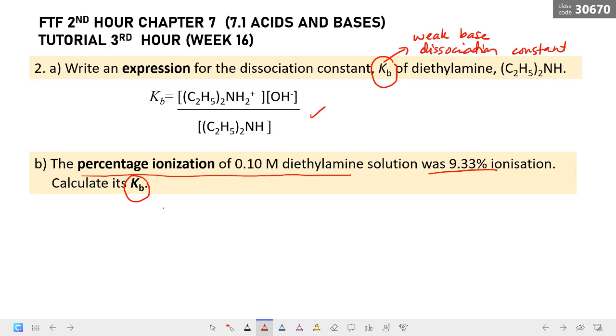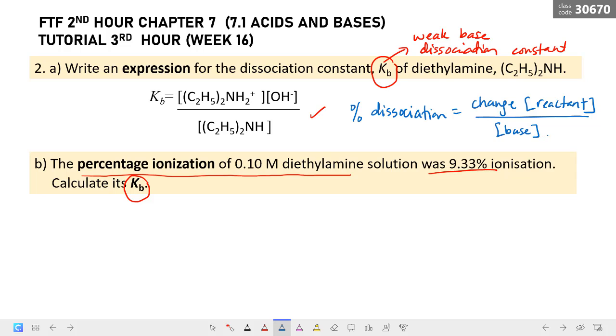Untuk kita kira percentage of dissociation, dia sama dengan change in concentration of reactant divide by initial concentration of base, times 100.